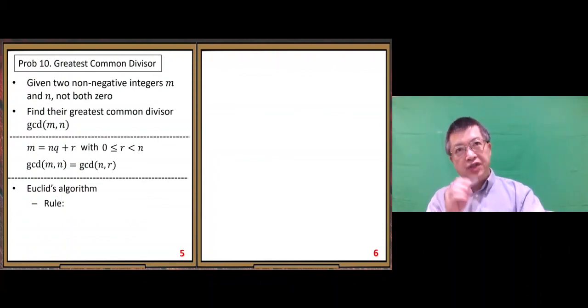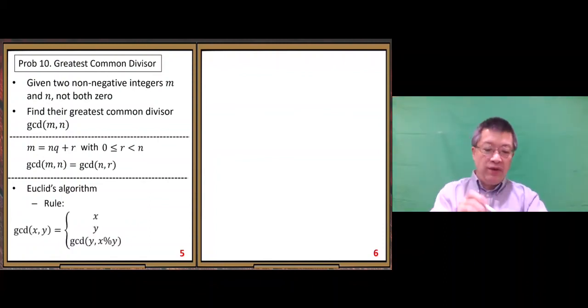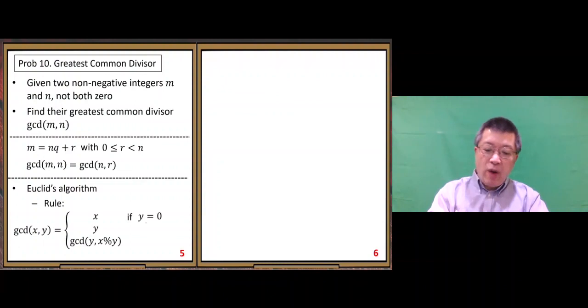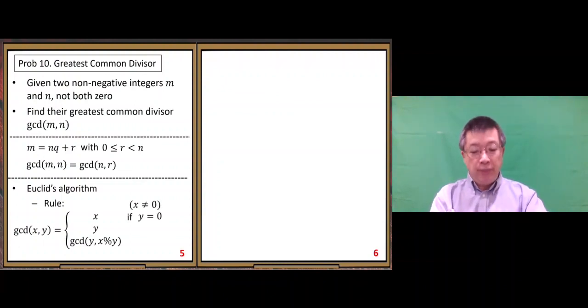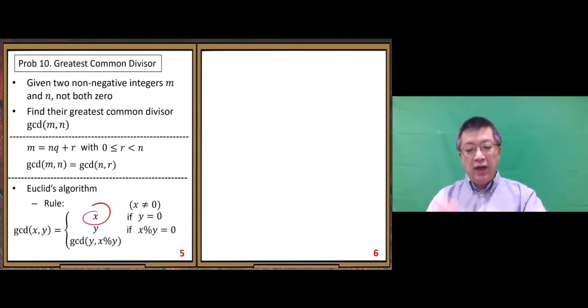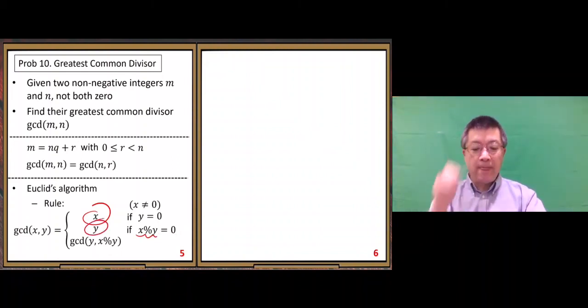Problem size reduction rule, when we find the GCD of two integers, x and y. If y equals 0 but x not equal to 0, in that case the answer is x. If y not equal to 0 but x mod y equals 0, that means x is a multiple of y, and the answer is y.